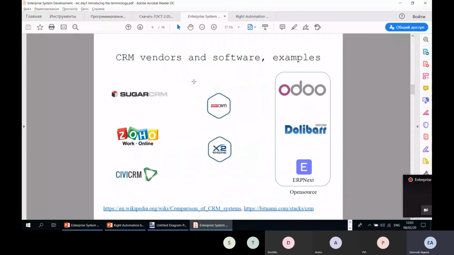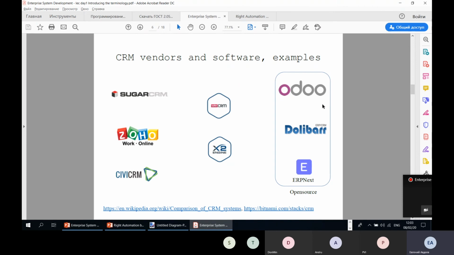So let's talk about real examples of such software. Here are examples of CRM products. This is a list of CRM. These are just some examples, so you can find lots more on the internet.